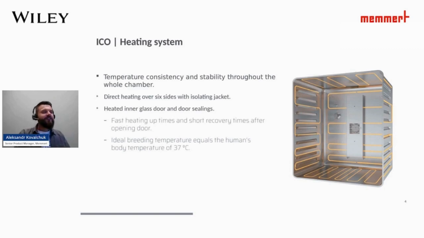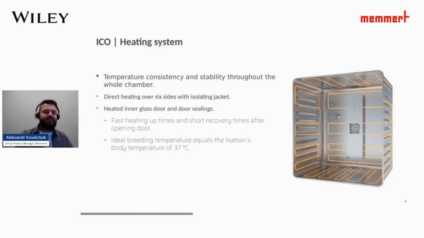The heating system is a very important part of every CO₂ incubator, and precise temperature regulation is important. Otherwise, incubated cell culture stops growing or may die in the worst case. To avoid any temperature overshoots, the incubator's advanced heating system ensures consistent and stable temperatures throughout the entire chamber.